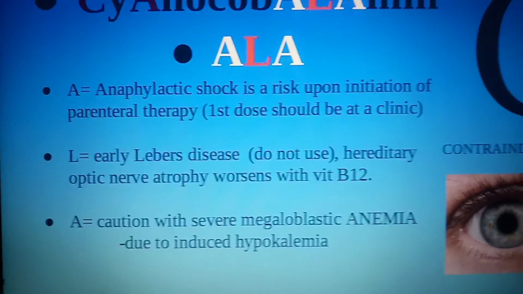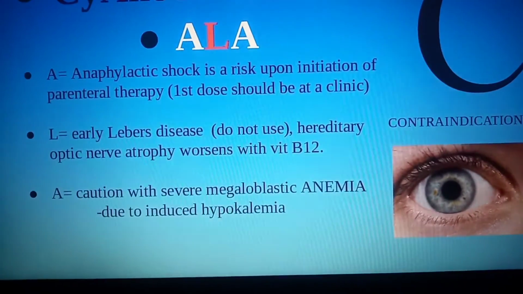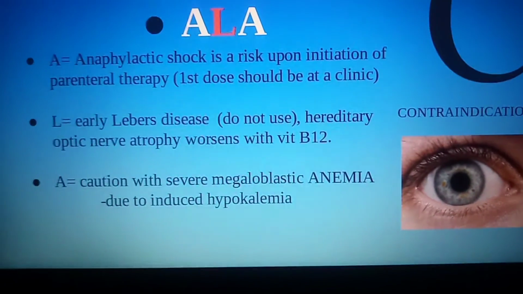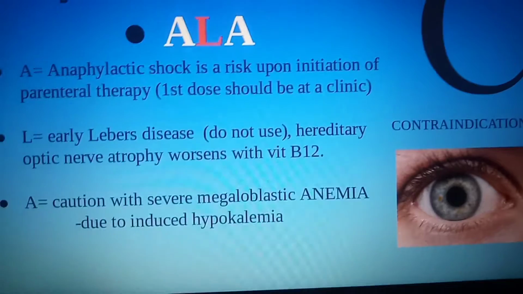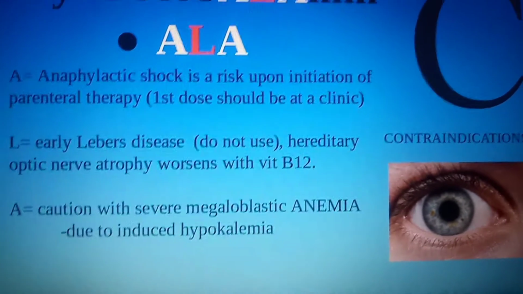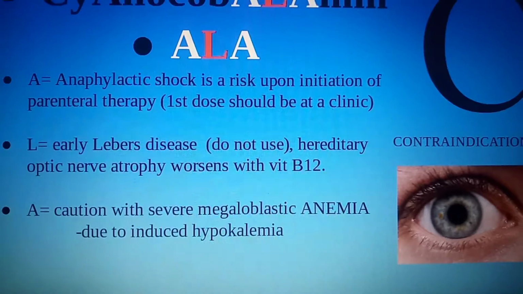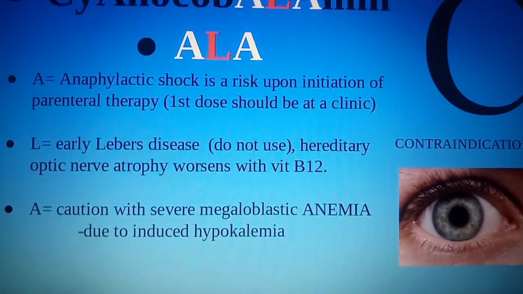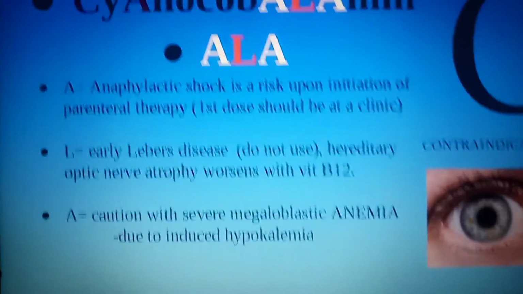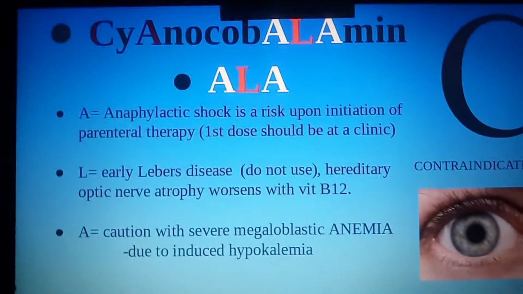If the patient has Leber's disease, giving vitamin B12 will worsen the condition. And then the final A is a caution with severe megaloblastic anemia. Given a patient who has severe megaloblastic anemia, vitamin B12 will lead to induced hypokalemia. So that's why it's contraindicated.